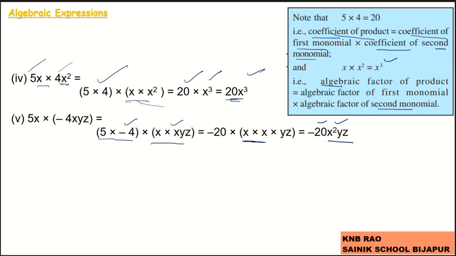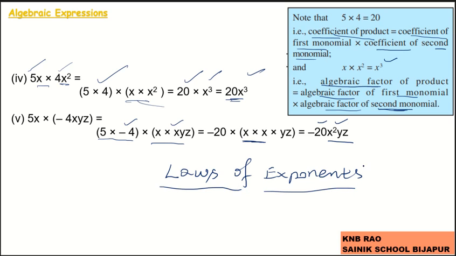That means the variable portion is going to give you the product of the variable portion of the first monomial and the variable portion of the second monomial. And children, here very importantly we are using laws of exponents, which you have learnt in your class 7th. So, laws of exponents are very important in algebraic expressions again when you are multiplying them.